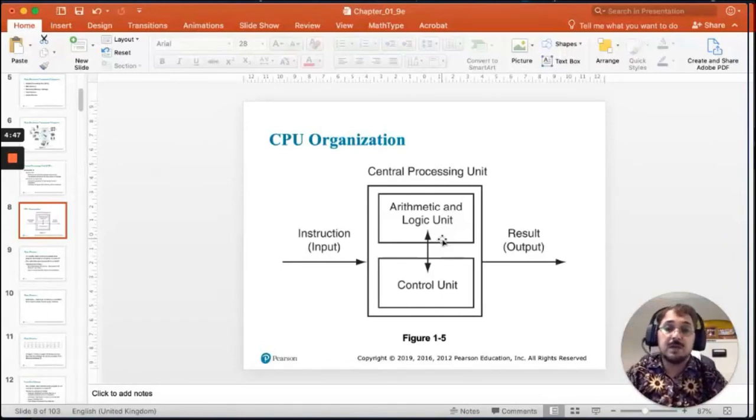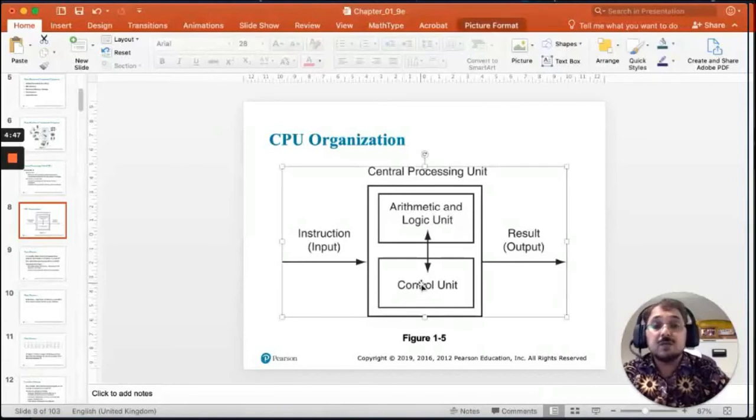For example, if you are playing a game, the player's position, the distance the player walks, all these calculations are done by the arithmetic and logic unit. Or any mathematical calculation like a plus b or 2 plus 3.